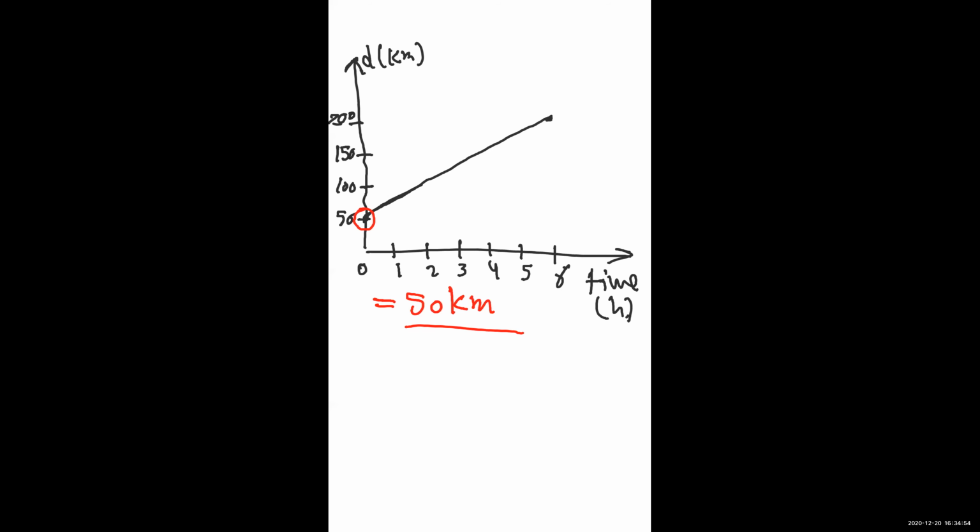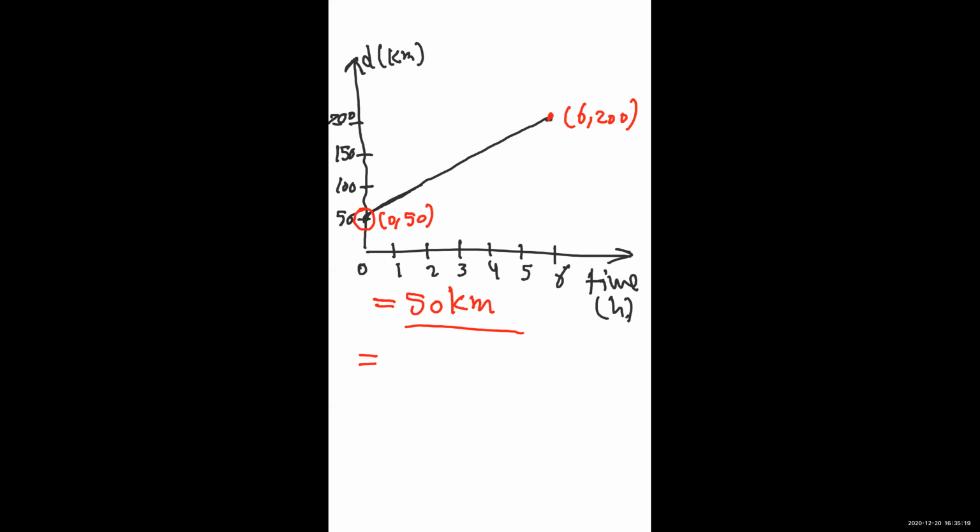Sorry, guys. So there are 2 points here, 0 and 50, and the last one from the graph, it's 6 and 200. I mean this one, 6 and 200. So get the slope, which will be the velocity, okay? So it will equal 200 minus, and this point, guys, is 0 and 50.